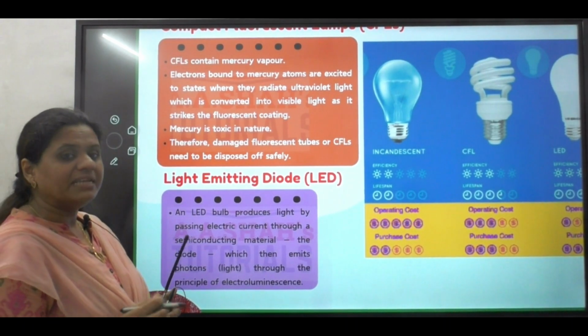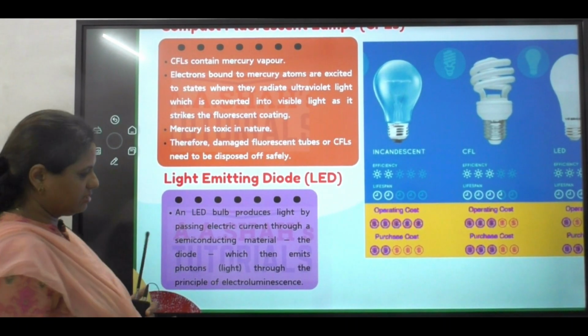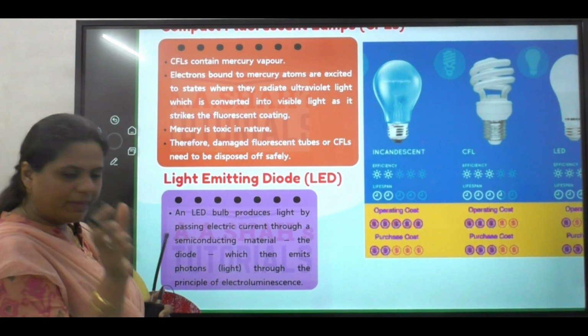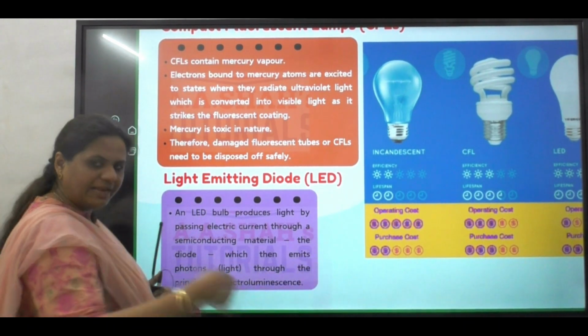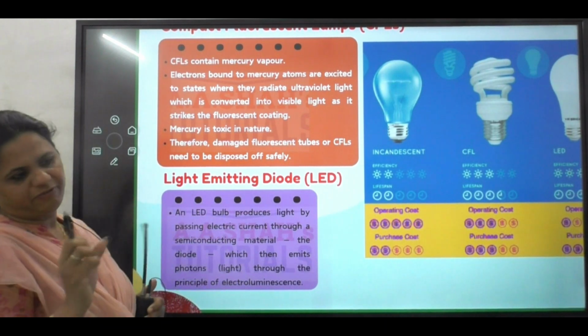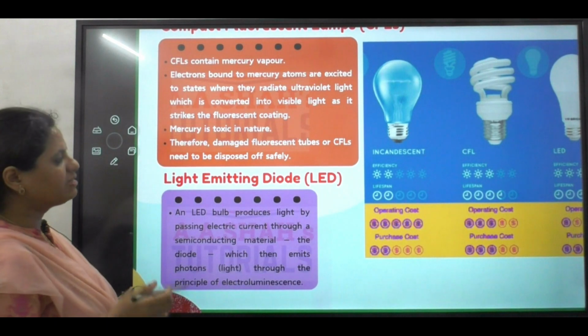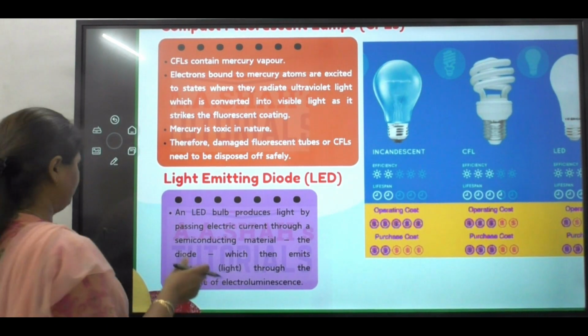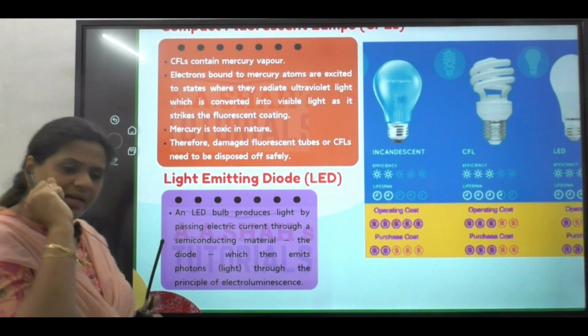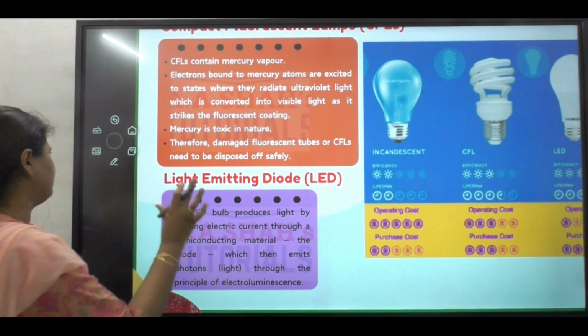Silicon, germanium, these are elements which are semiconductors. So semiconductor materials are used to make this diode, which when electricity passes through them, emit light, photons, and result in electricity being used to generate light. That is the functioning of LED bulbs, and that is the most efficient, using the least amount of electricity, giving maximum efficiency.